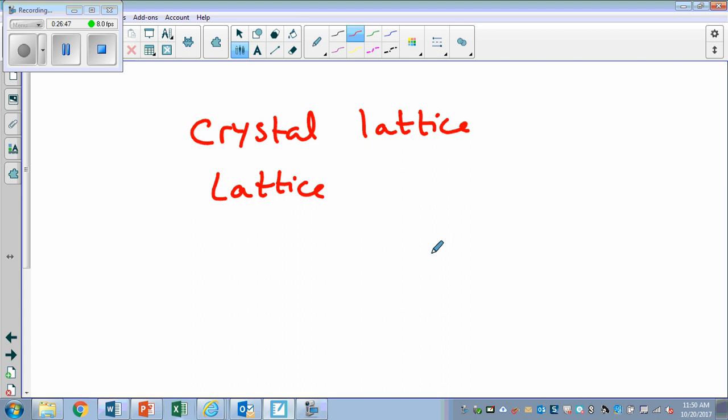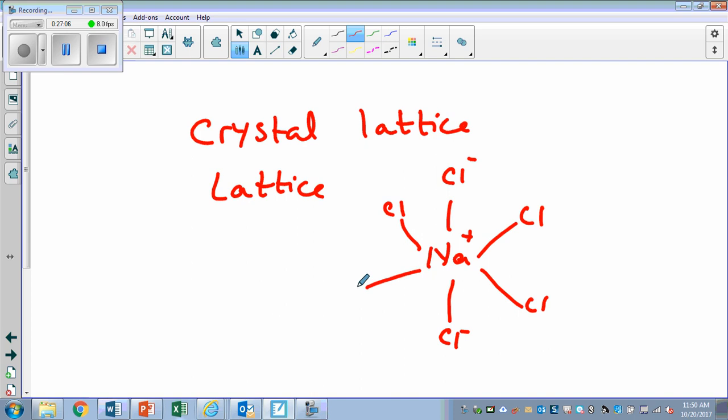That means every sodium ion is surrounded by chloride ions: a chloride ion here, a chloride ion here, and another here.